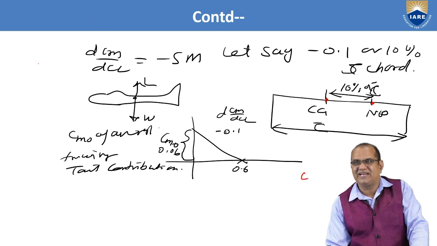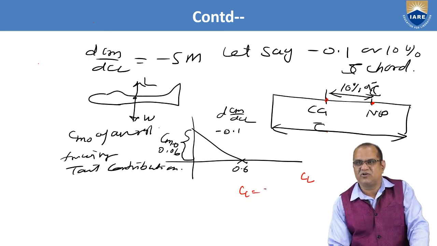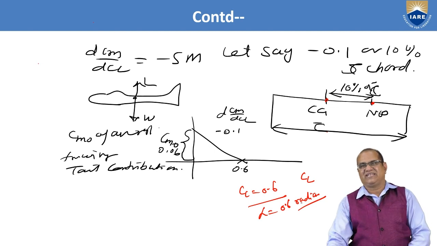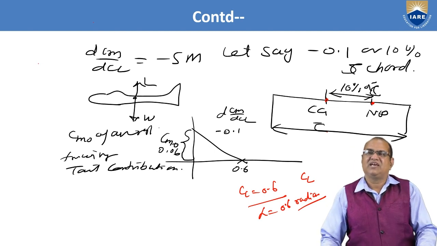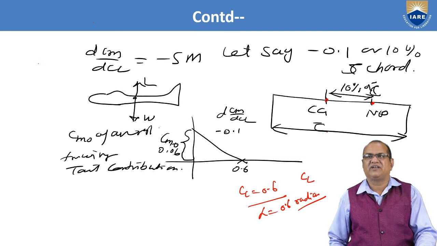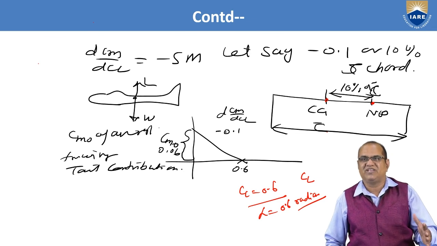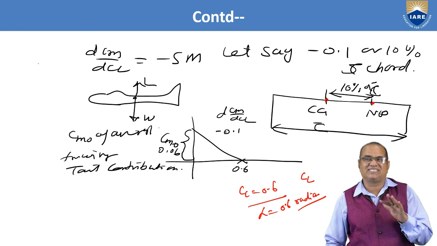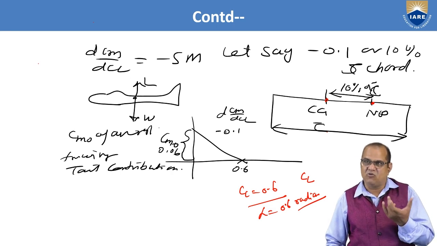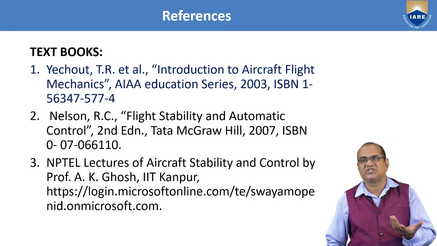So you can get CL equal to 0.6, or alpha equal to 0.6 radian. This you can convert to degrees. Okay, so like this we can find out different values of the static margin, and this static margin is a very important parameter to understand whether the aircraft is stable or not. If the NP is behind the CG, it is stable, and the more behind it is, the more stable.